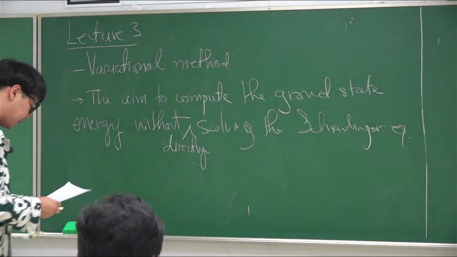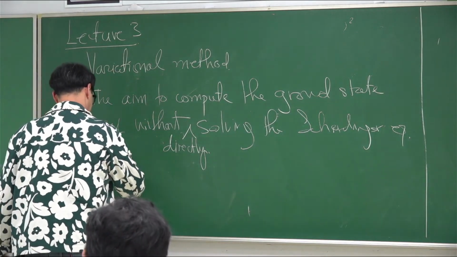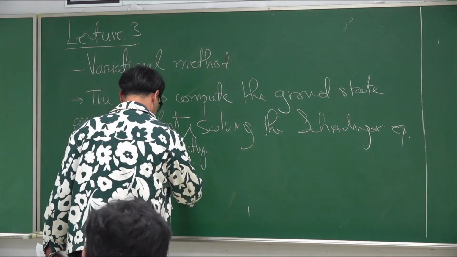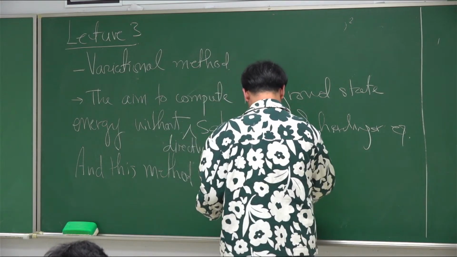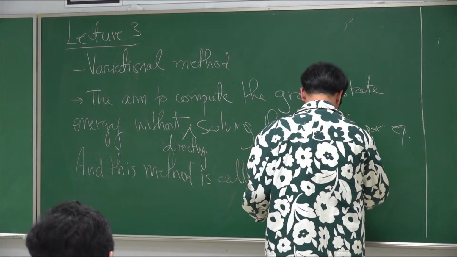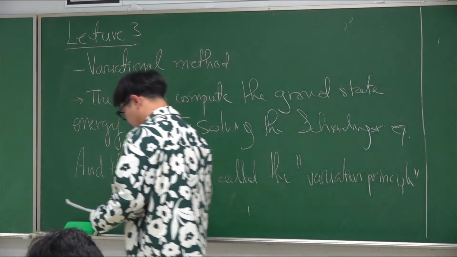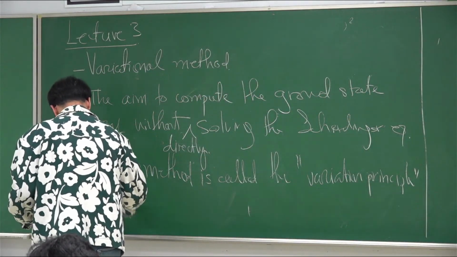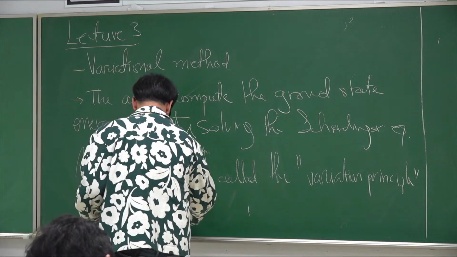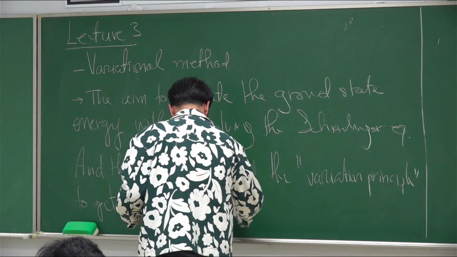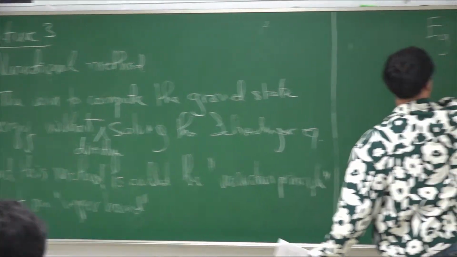And so this technique, this method, is called the variation principle to get an upper bound condition of the ground state in this way.